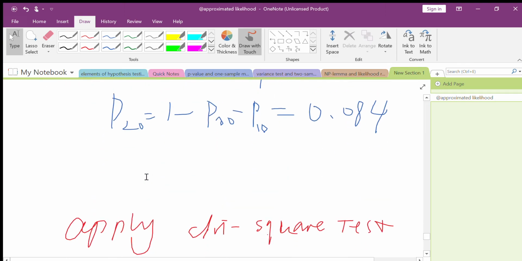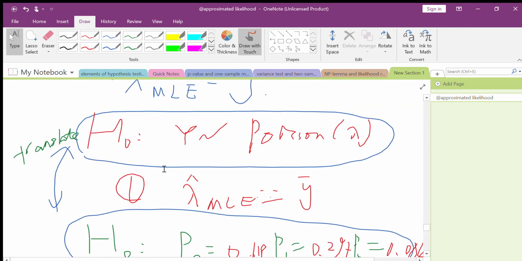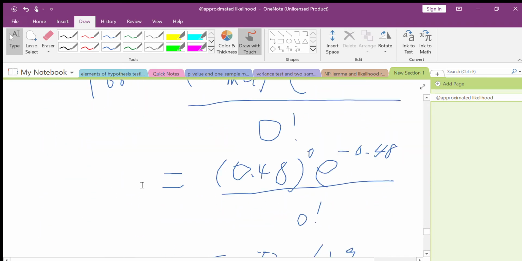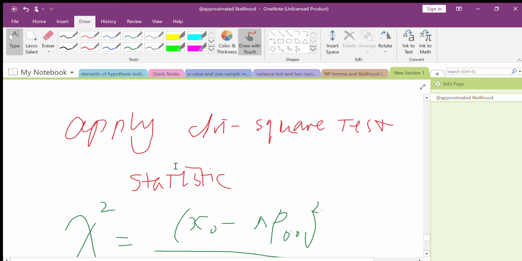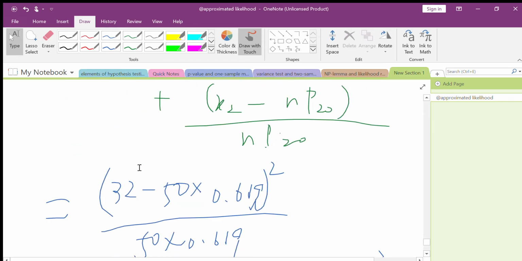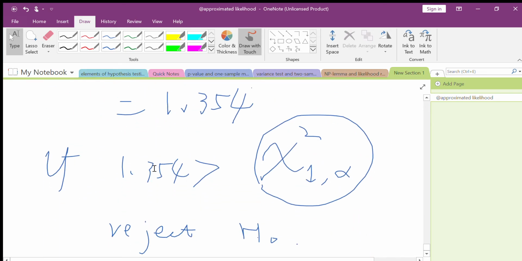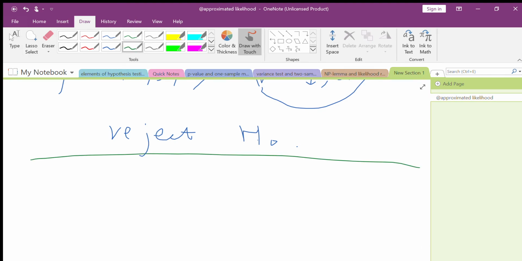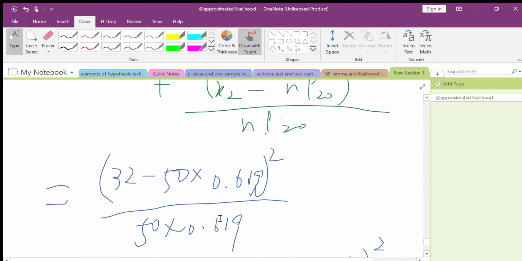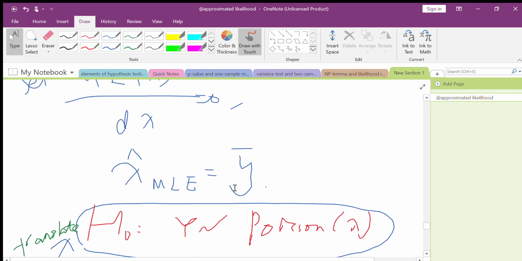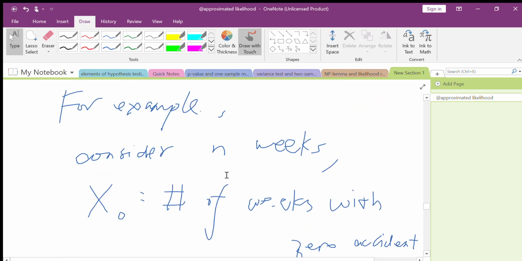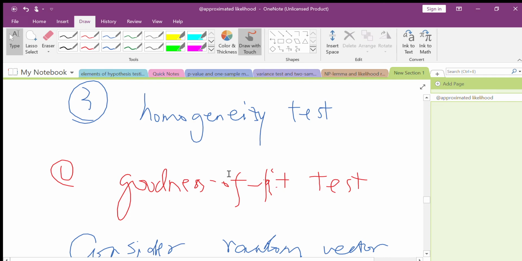Then we successfully translate the goodness of fit testing hypothesis to the chi-square test hypothesis, and then we can apply the chi-square test statistic by definition. Then we solve the goodness of fit testing by applying the chi-square test statistic. The first application of the chi-square test statistic is the goodness of fit test.